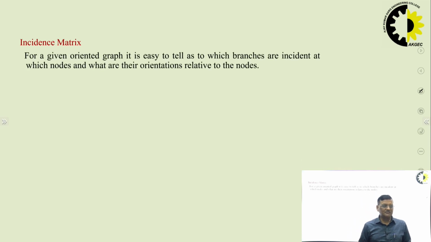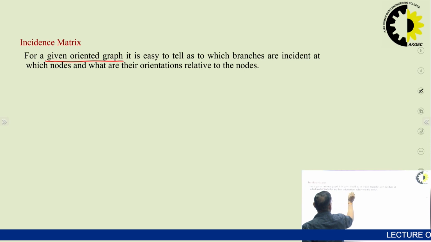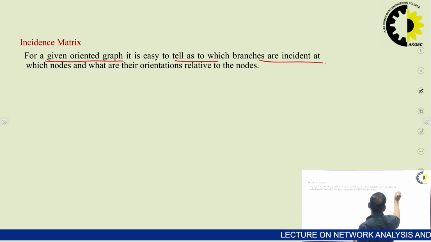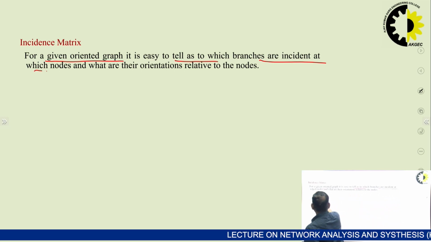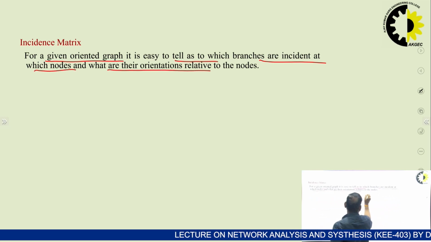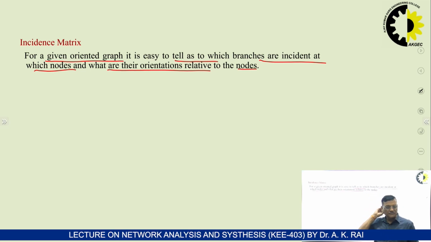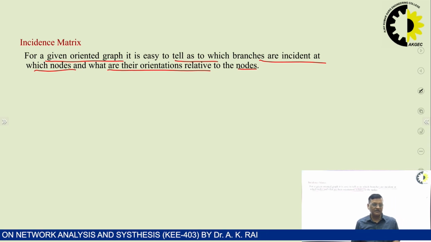So what is the incidence matrix? For a given oriented graph, it is easy to tell which branches are incident at which nodes and what their orientation is relative to the node. This information we can obtain from an incidence matrix.